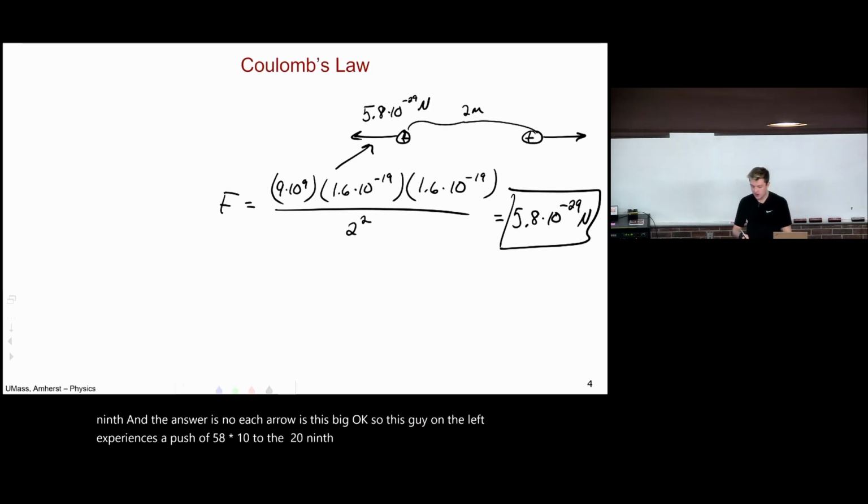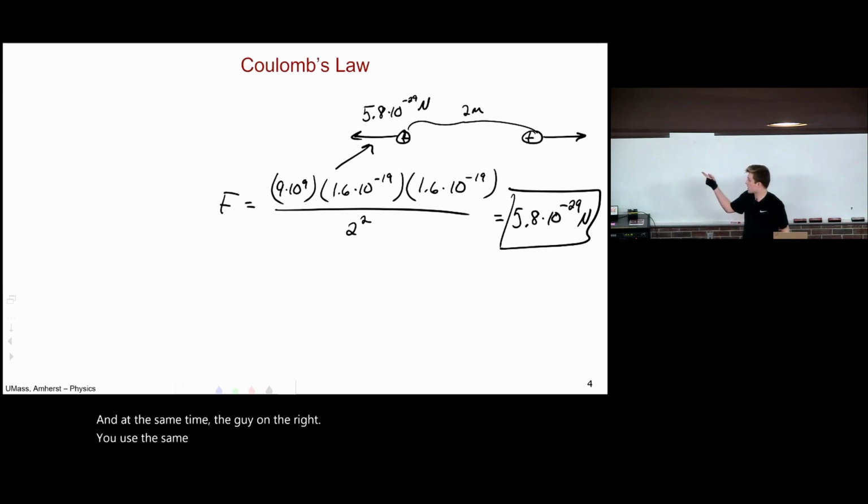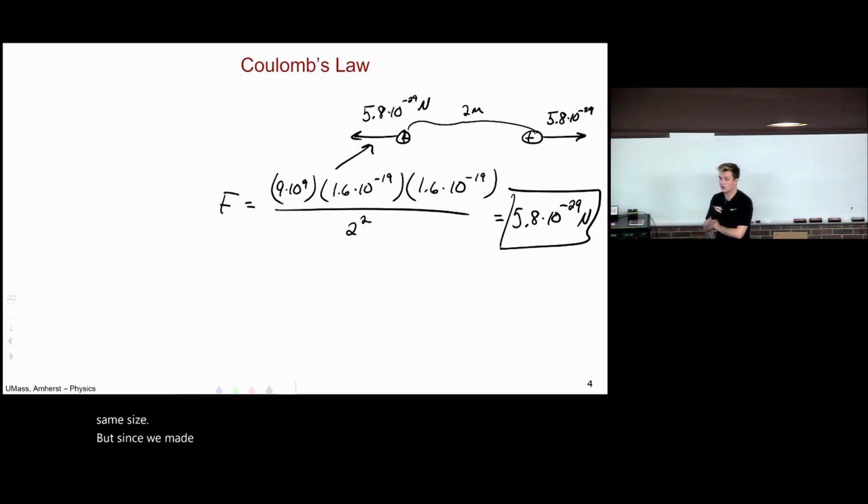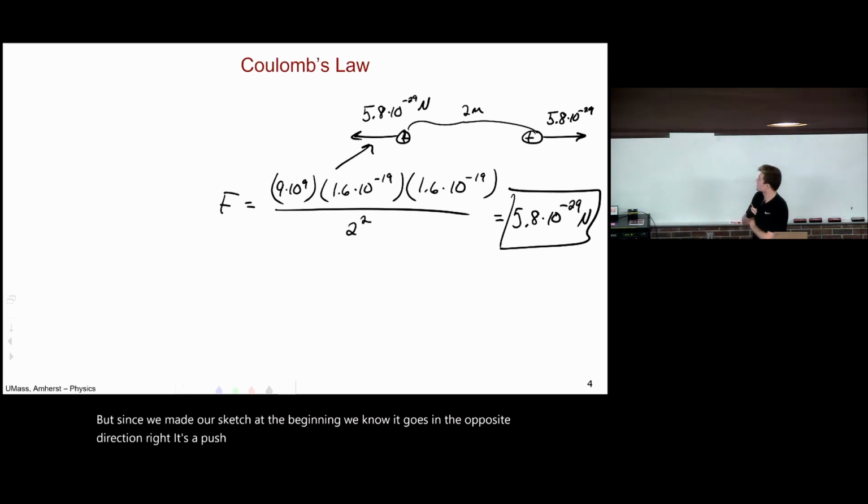And at the same time, the guy on the right, you use the same formula to compute the force on him. It's just Q1 and Q2 swap places. It doesn't matter which is which. He also experiences a force of the same size, but since we made our sketch at the beginning, we know it goes in the opposite direction. Right? It's a push to the right of size 5.8 times 10 to the minus 29.